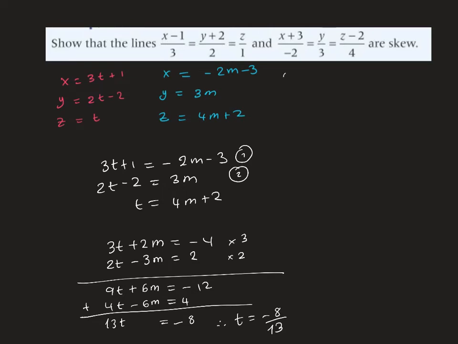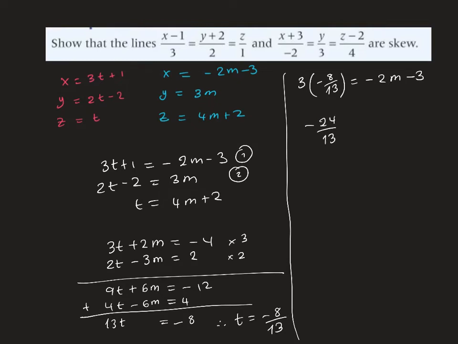So we found one value of t. Let's see if we can find the corresponding value of m. So 3t, 3 times minus 8 over 13, should be equal to minus 2m minus 3. So that is minus 24 over 13 plus 3, that's 39 over 13, equals minus 2m.